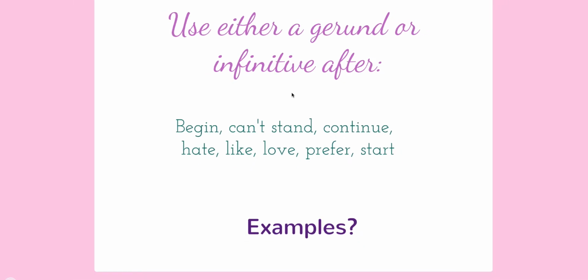What is the important thing between infinitives and gerunds, guys? The important thing is that, first of all, of course, you need to memorize the verbs that you have to use. There are some cases, as I was telling you, where you have to use gerunds and some cases where you have to use infinitive.